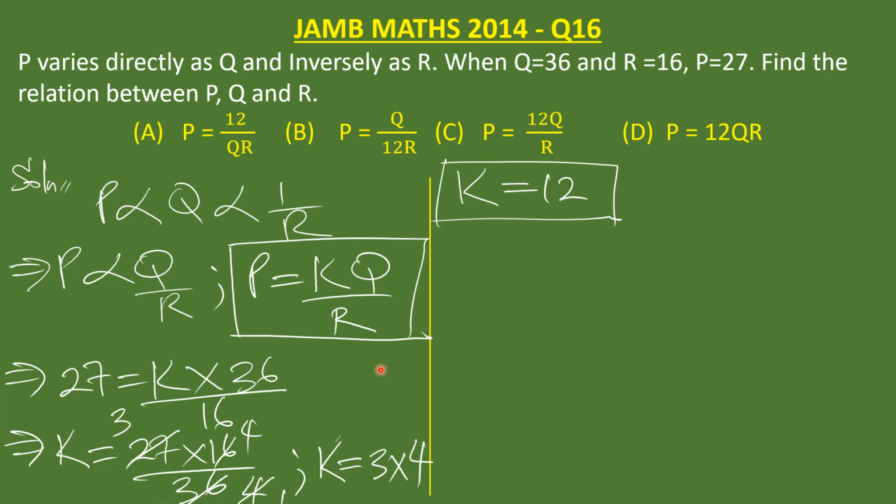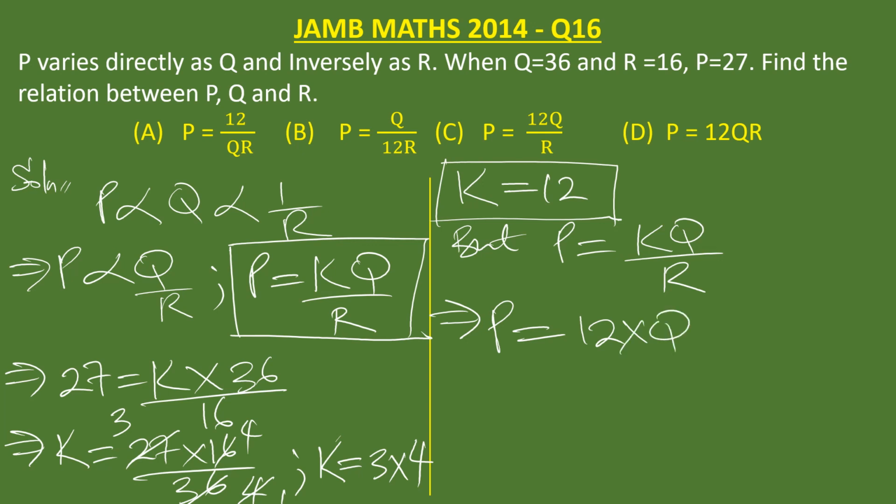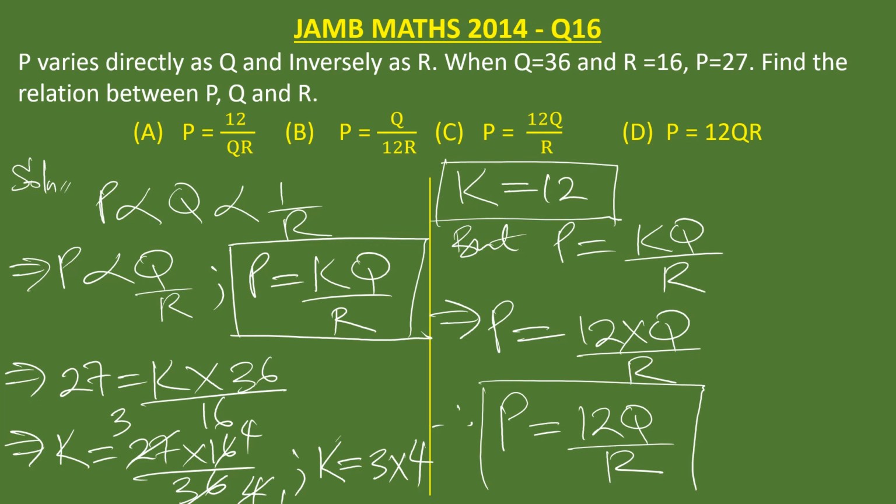But the question says we should find the relation between P, Q, and R. All we need to do is to insert the value of K into this initial equation. But we know that P is equal to KQ over R. So in inserting the value of K, this implies that P is equal to 12 times Q over R. Therefore, our P is equal to 12Q over R. Do we have that in the options?